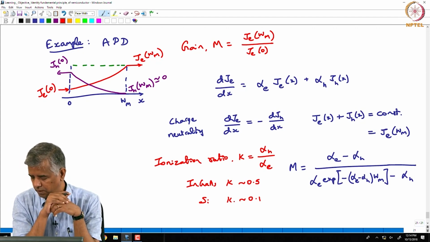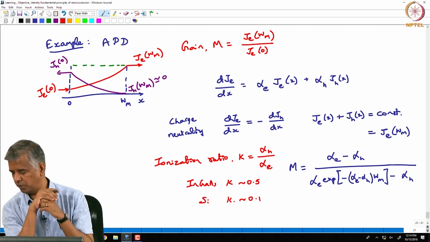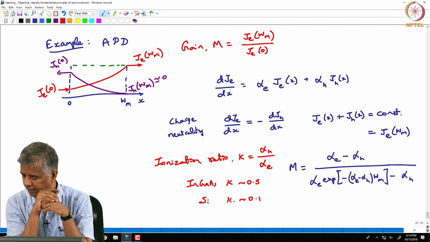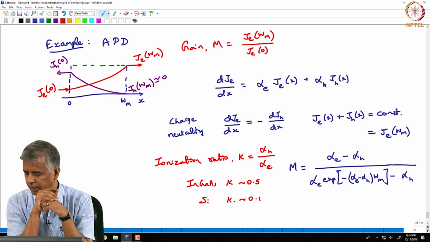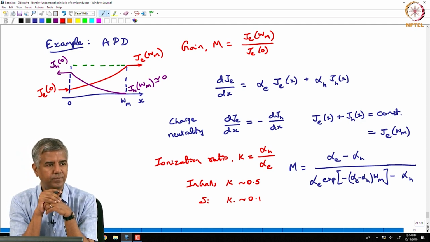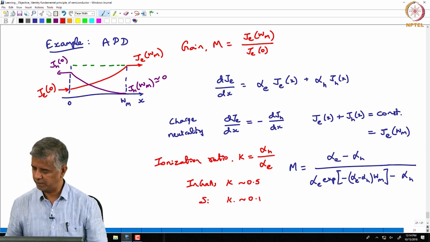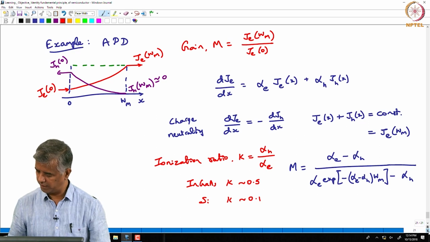So, now if you define this, then what you can do is, in this expression for M, both in the numerator and the denominator, you can divide by alpha e. Then you can get an expression in terms of k. So, let's do that.